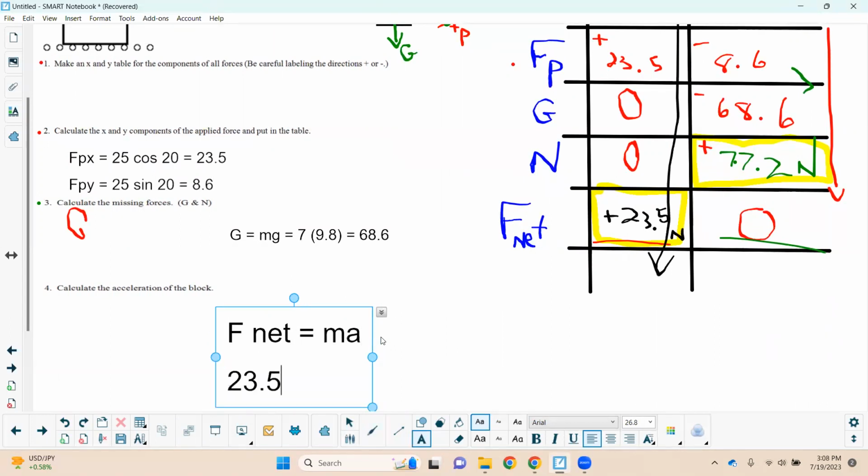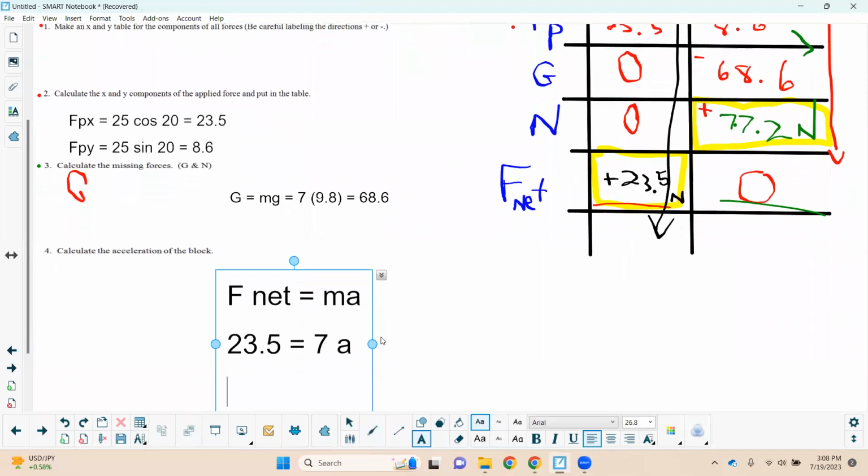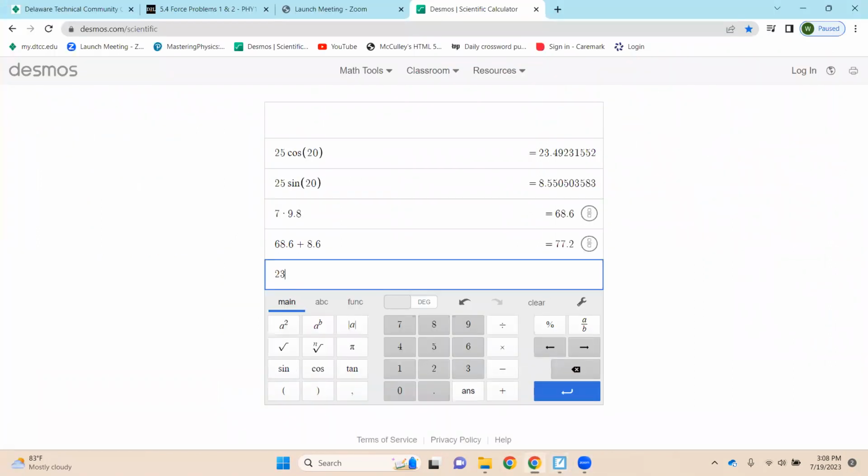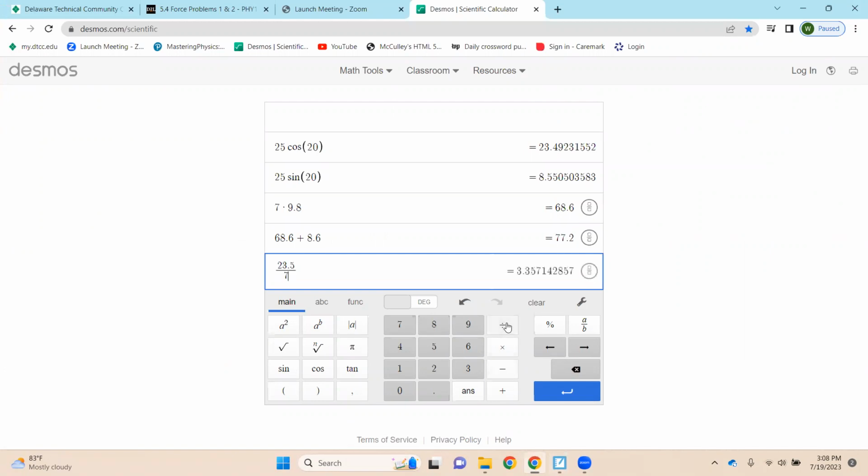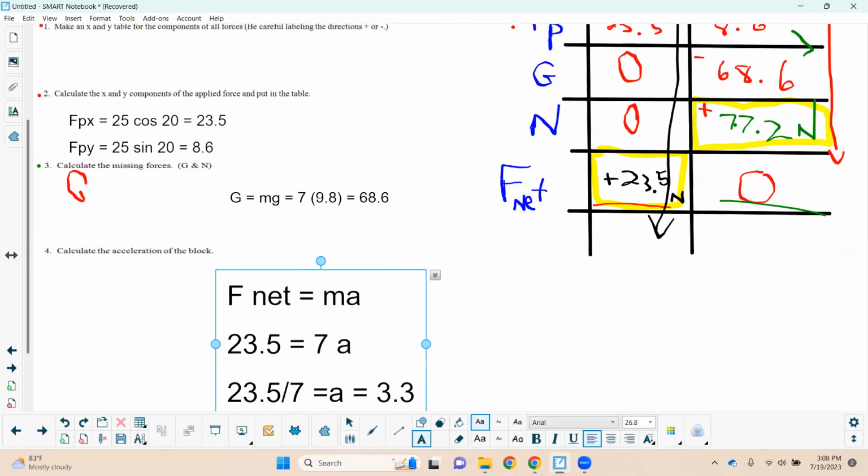The net force is 23.5, the mass we said was 7, and we're looking for A. So we're going to divide 23.5 divided by 7 to get A. Let me go back to Desmos and do that. So 23.5 divided by 7, and that's 3.36. So that is my answer. 3.36 would be meters per second squared.